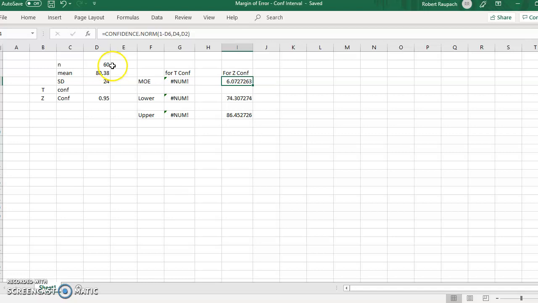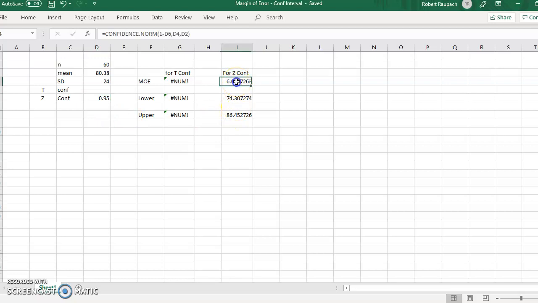So 60 sample books had a sample mean of 80.38, and then I'm going to put two possible confidence levels. If we're using T confidence, put it here. If you notice for T, the answers are blank. If we're using Z confidence, put it here, 0.95.